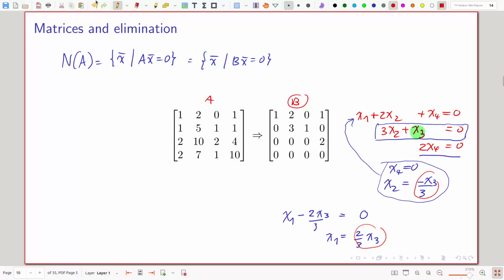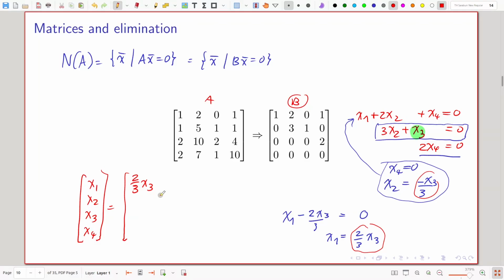It might not always be the case. Sometimes it depends on two variables. But in this case, it's okay. It depends on just one variable. So we can write our solution x1, x2, x3, x4 in this form: 2/3 x3, minus 1/3 x3, then x3, and 0.